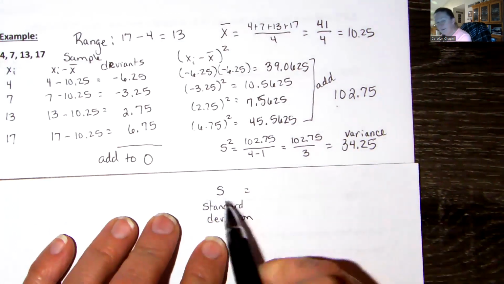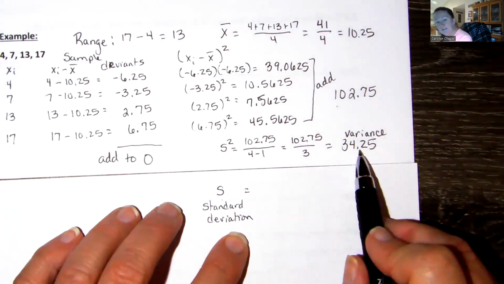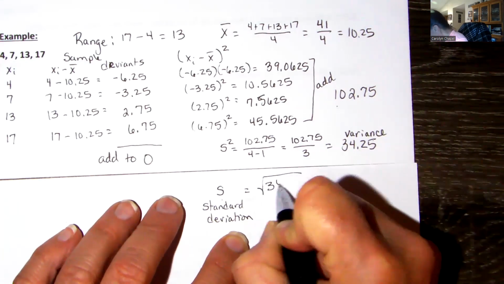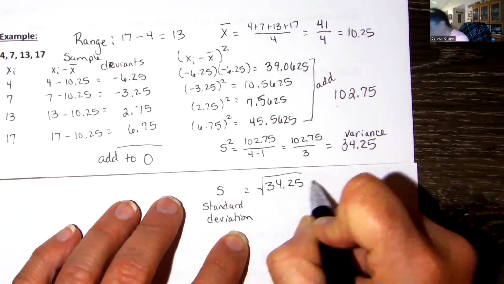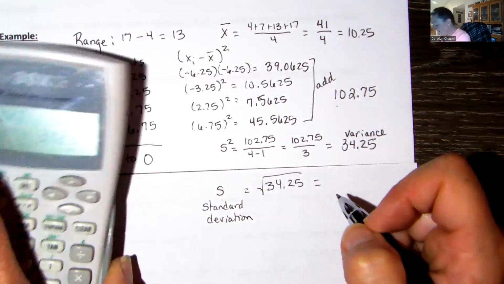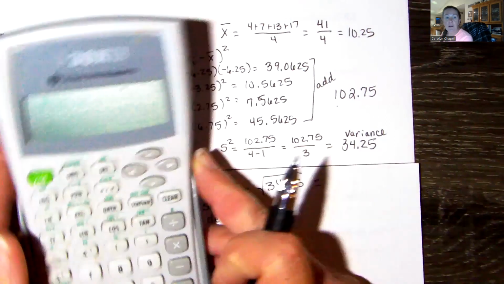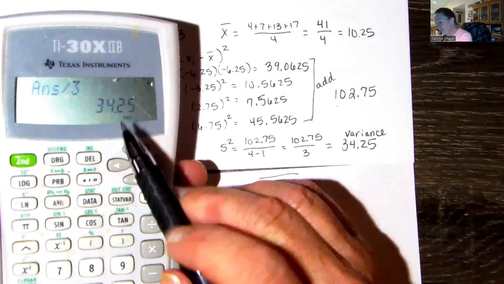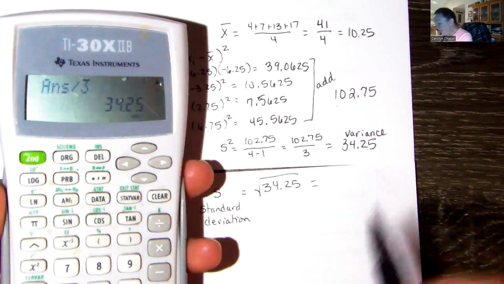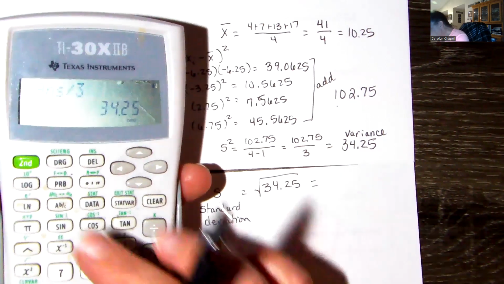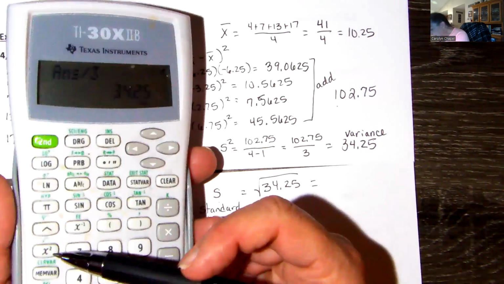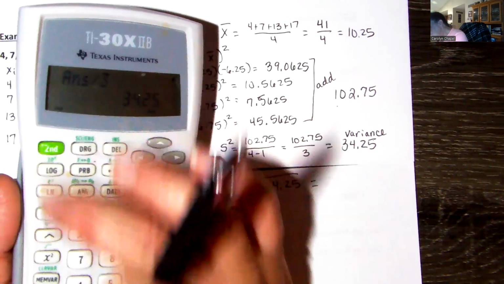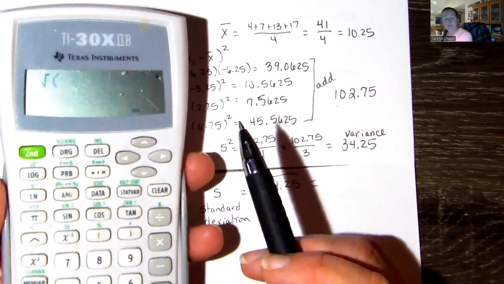So to find my standard deviation, we need to take the square root of this number, 34.25. We kind of have to remember how to do that on our calculators. Right now you can see I have 34.25 in there, and I want to take the square root of it. My square root button is above my x squared, so I need to do a second function, square root.